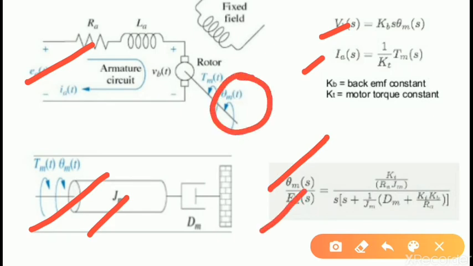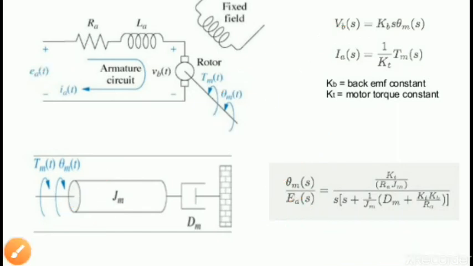Theta m is the output, the angular displacement of the motor, and Ea(s) is the voltage applied to the armature circuit.